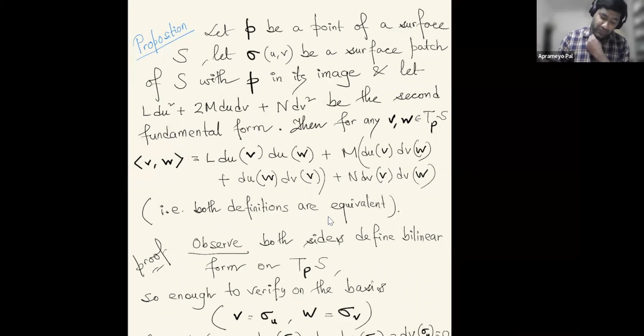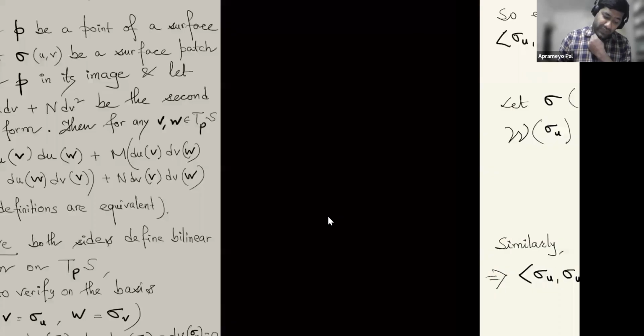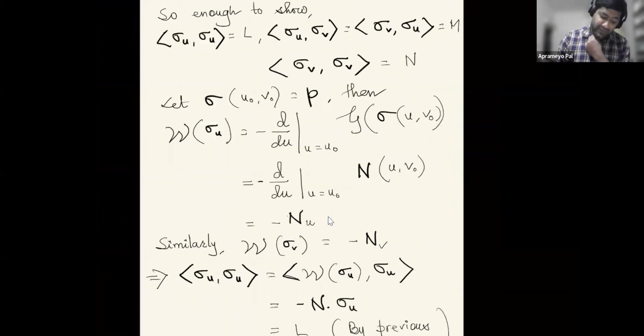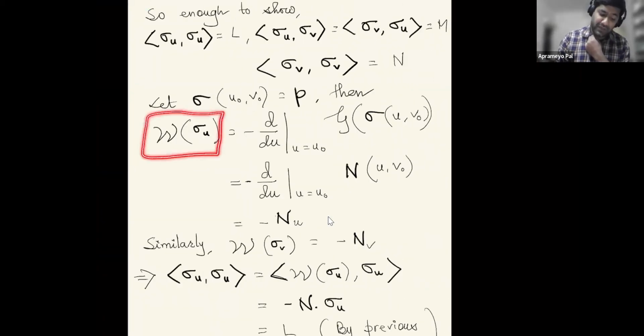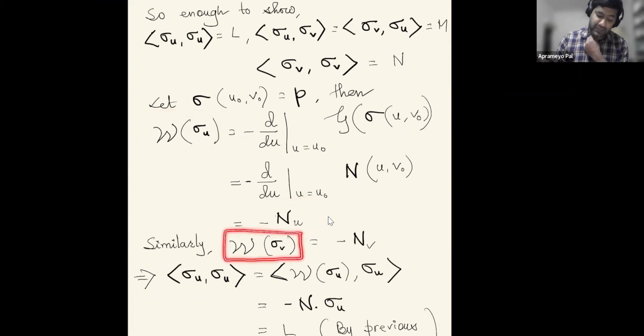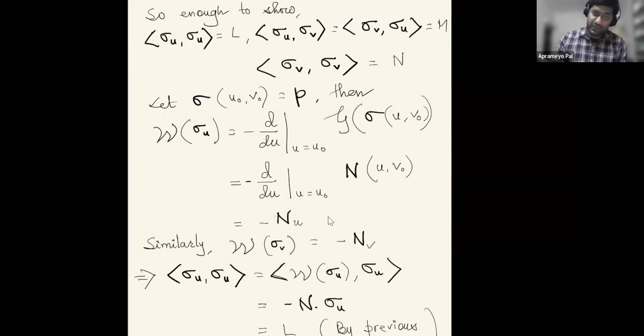In the course of the proof, we actually proved this relation: if you apply the Weingarten map on sigma u, then you get minus Nu, where N is the unit normal. And similarly, if you apply W to sigma v, then you get minus Nv. That's the proof actually: you just take the definition, differentiate the Gauss map, and automatically you get this.